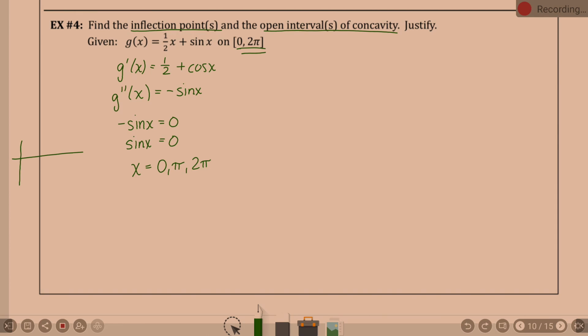And my brain, and I know this is not what you guys do, but my brain knows that the sine curve looks like this. Mountain, valley. Okay. Now, with that in mind, what do we need to do here?